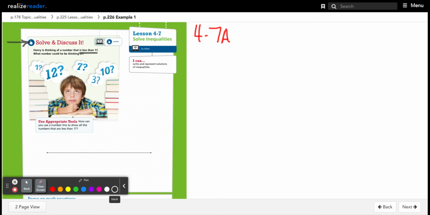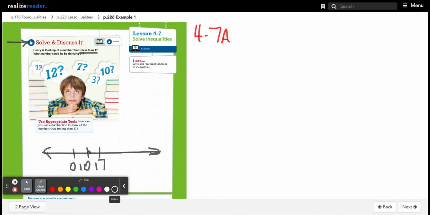And let's show how we can represent that on a graph. So in your notebook, I want you to make a number line. And let's graph the number 17. So if I want to graph any number that Henry is thinking of, any number that's less than 17, we could graph 10. We could graph 0.